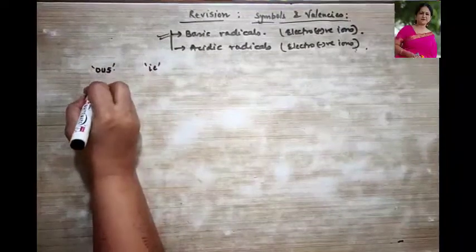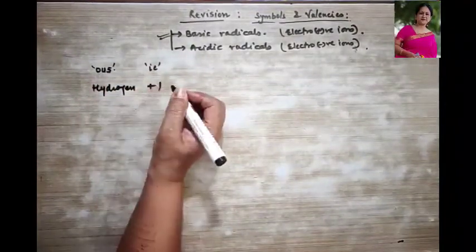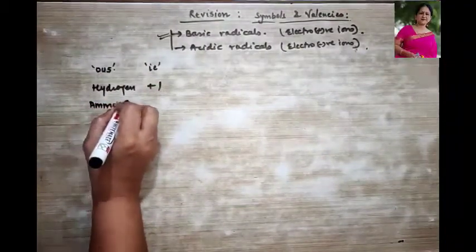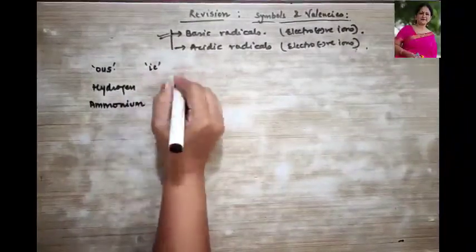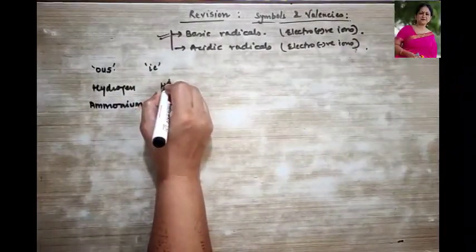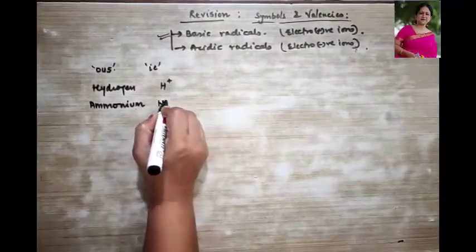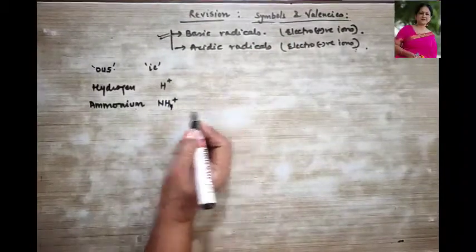So for example, hydrogen. What is the valency of hydrogen? +1. We write it like this, H plus. Ammonium formula symbol is NH4 plus.